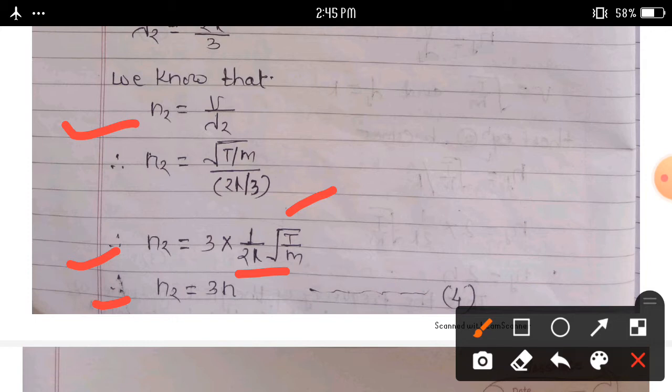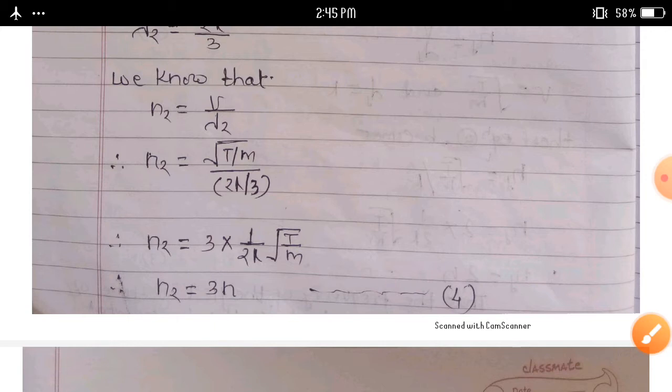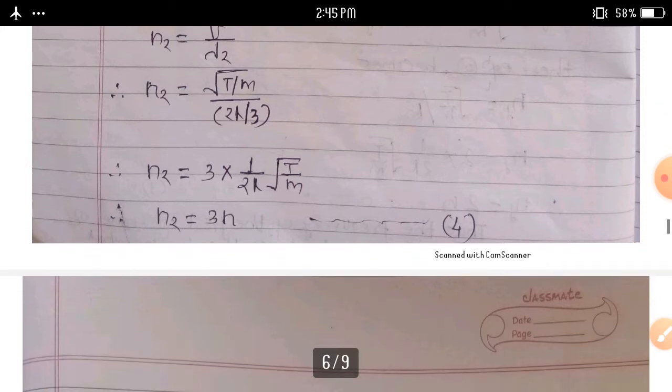We consider these three modes of vibration. The first mode of vibration we consider the fundamental mode, which gives frequency n.